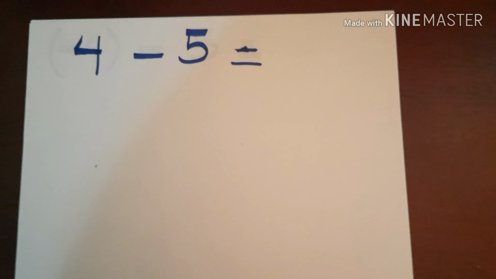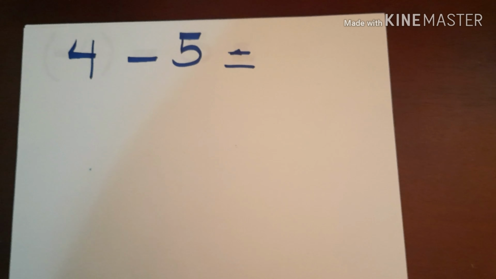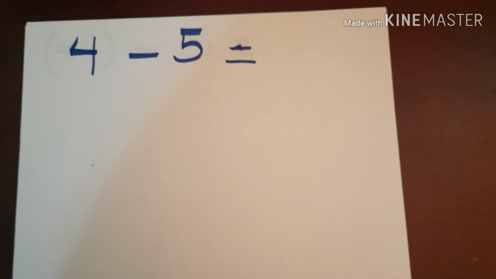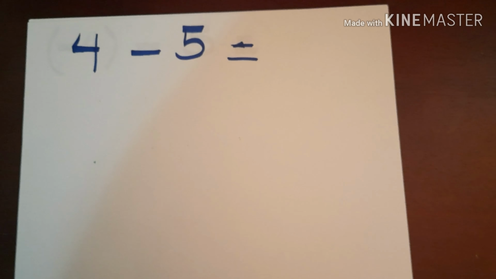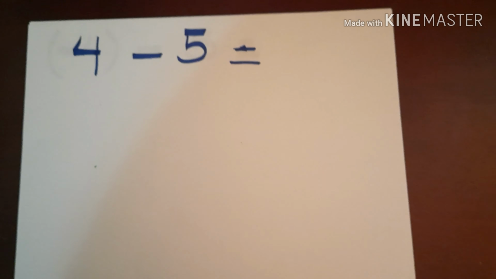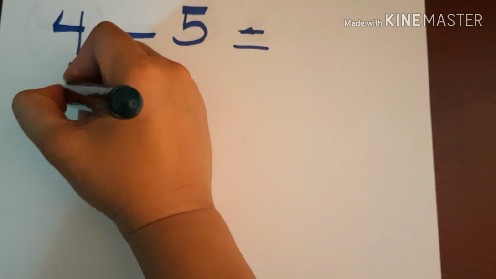How about this one? We got 4 minus 5. Notice all of our numbers are positive. So again, you can always apply the first step, which is KCF, before you go ahead and do the second step, which is to follow the rules of addition. So keep, that's our first step.